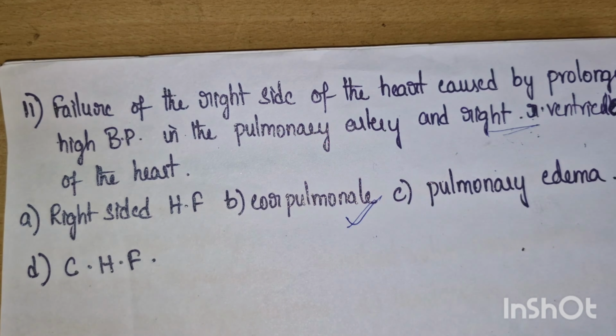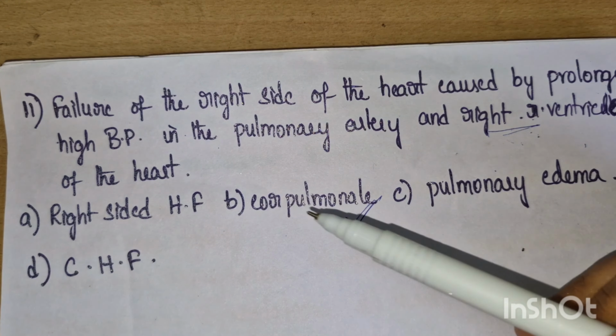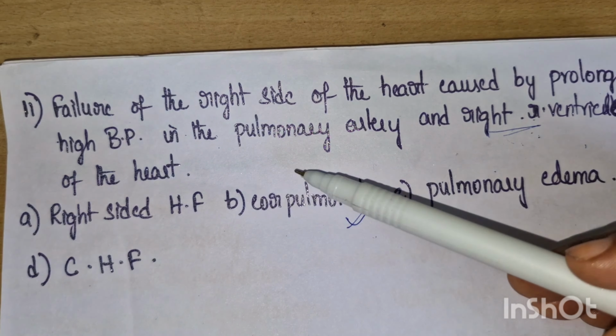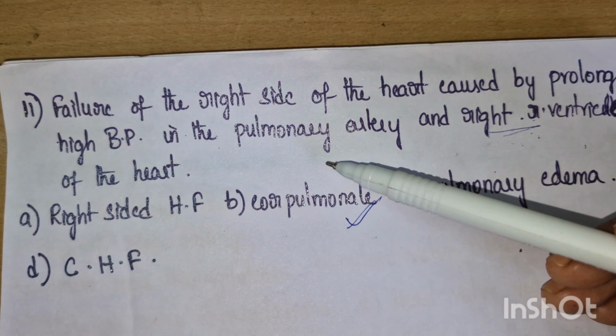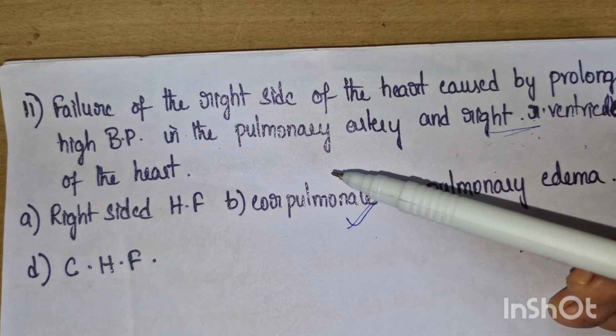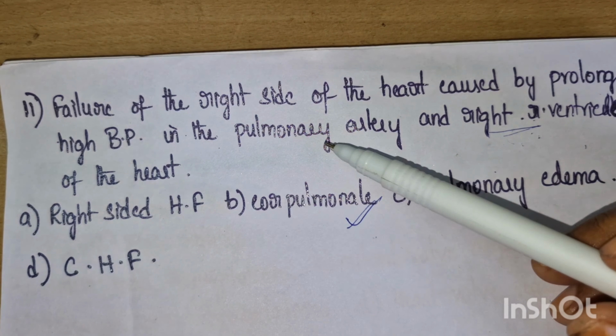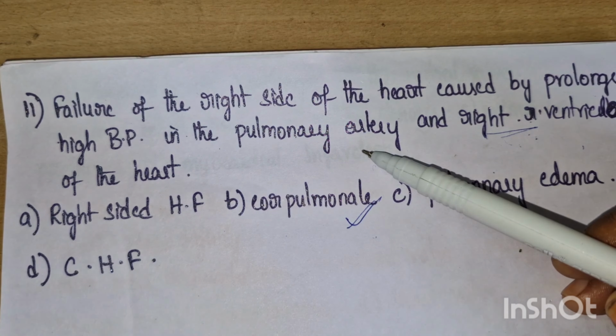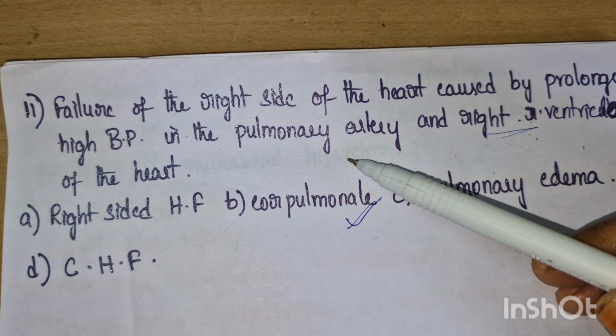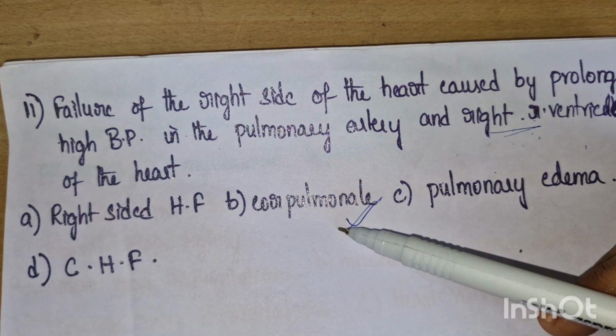What do you mean by this? It is the failure of the right side of the heart caused by the prolonged high BP in the pulmonary artery and the right ventricle of the heart. That's why, in right-sided heart failure it involves the right part of the whole heart, but in cor pulmonale it is involving only the pulmonary artery and the right ventricle. That's why it is called cor pulmonale.